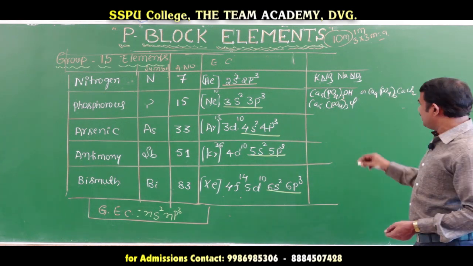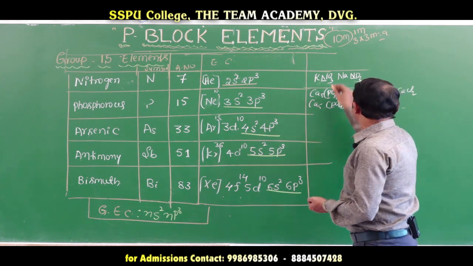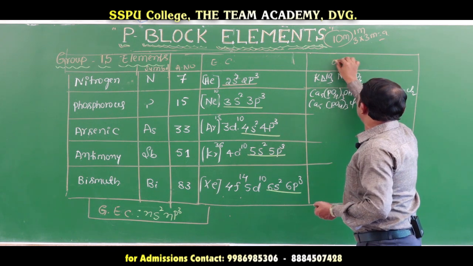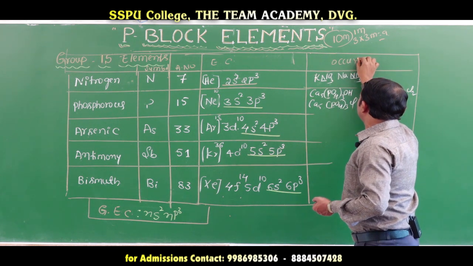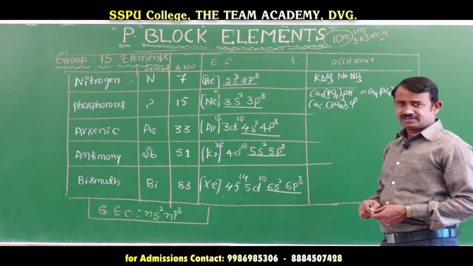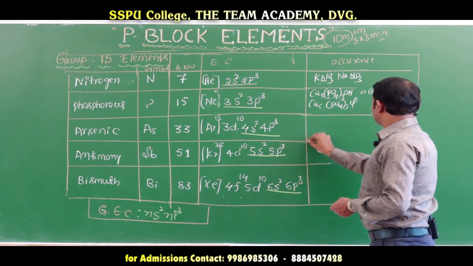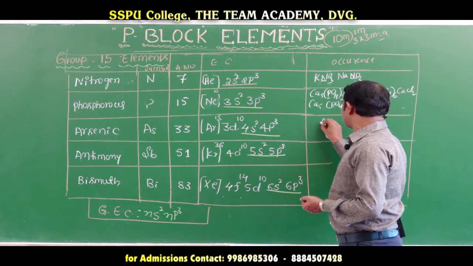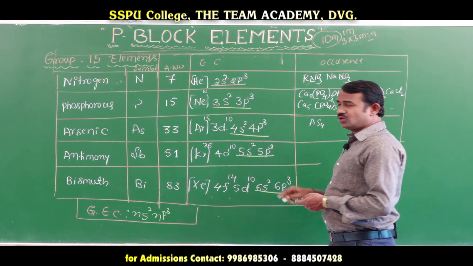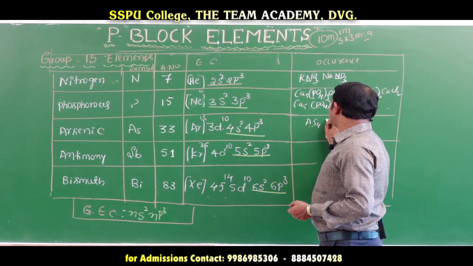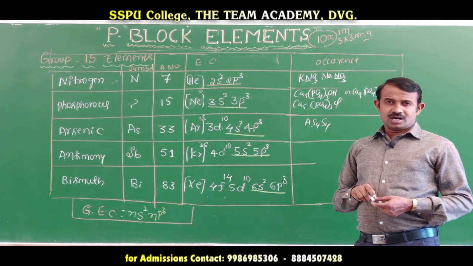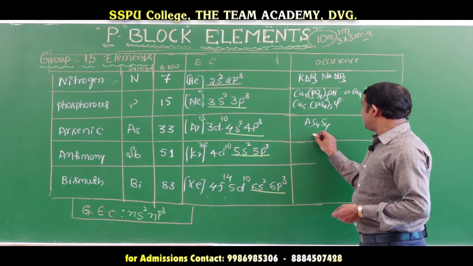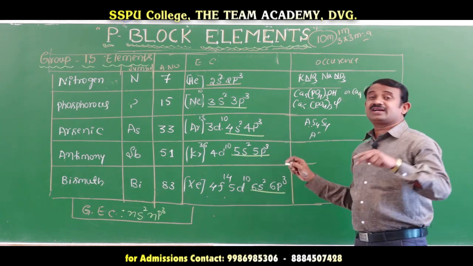Okay, and we will go for the occurrence of the other elements. This is the occurrence of the abundant groups. Next we will go for arsenic. Arsenic has As4 and arsenic sulfide, or realgar, and here arsenic pyrites.